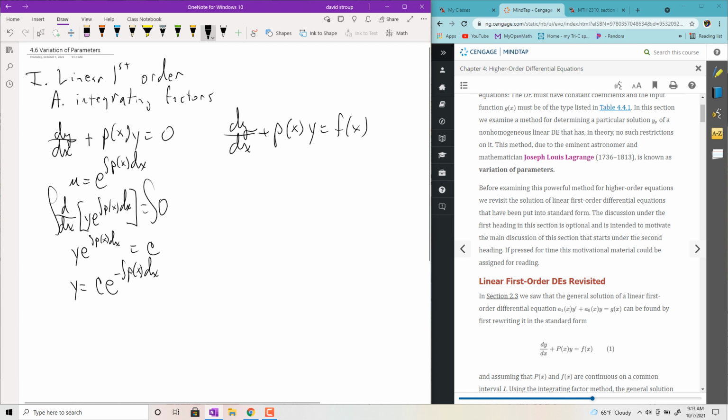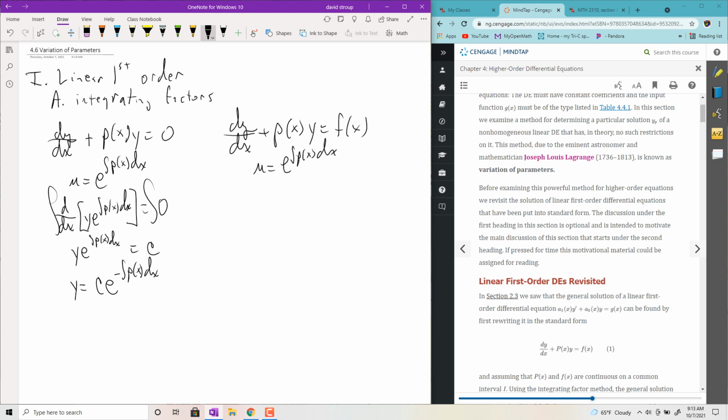Let's look at what we get from the non-homogeneous version. It's kind of the same, though not really. It's a little bit different. I might as well write it out. I apologize. So here's our mu, e to the integral of p of x dx.